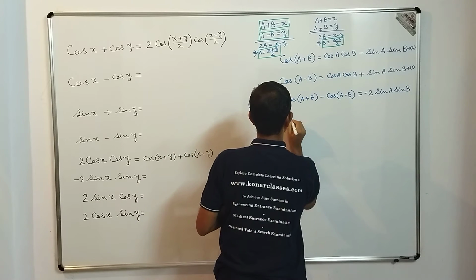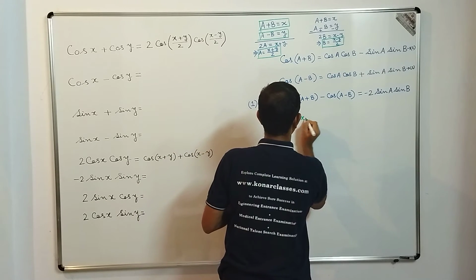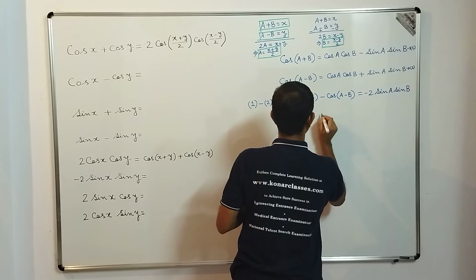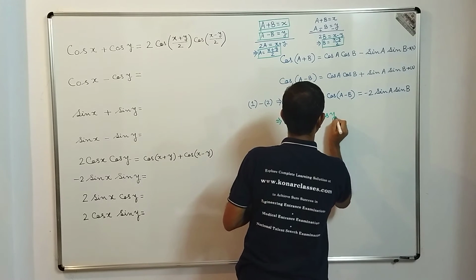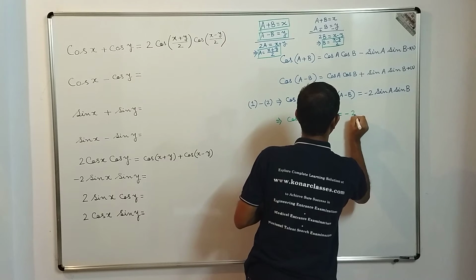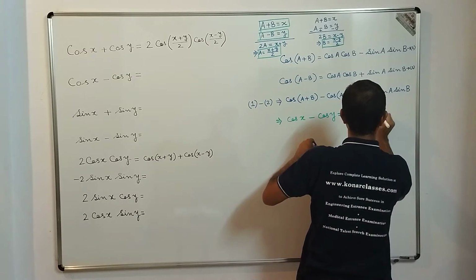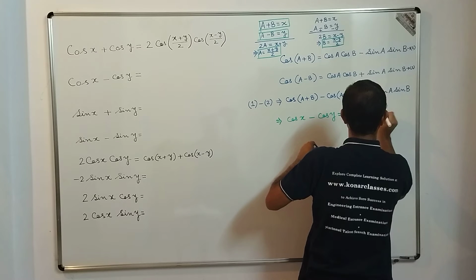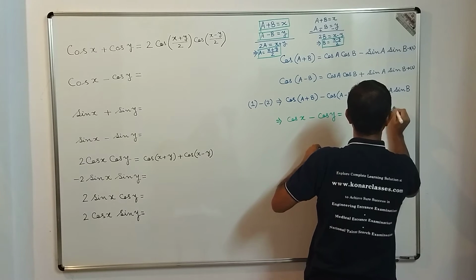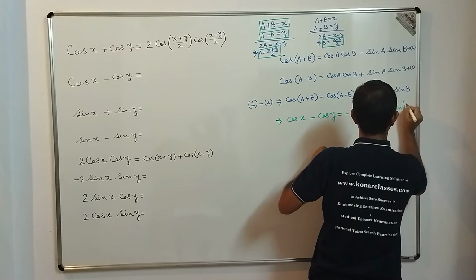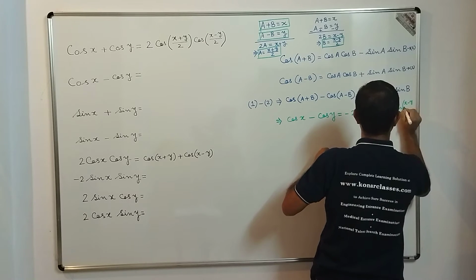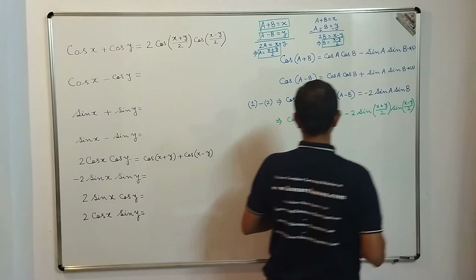So this implies cos x minus cos y is equal to minus 2 sin a, meaning (x plus y) by 2, into sin (x minus y) by 2. Correct?